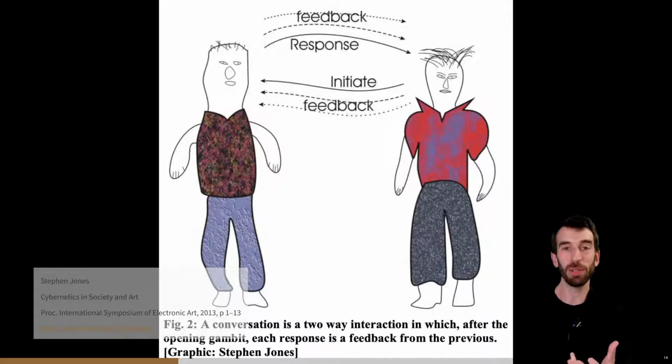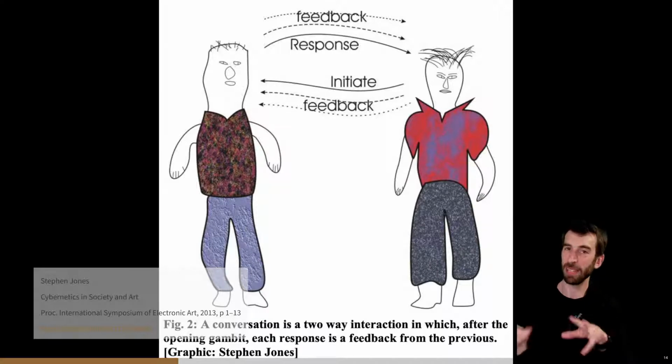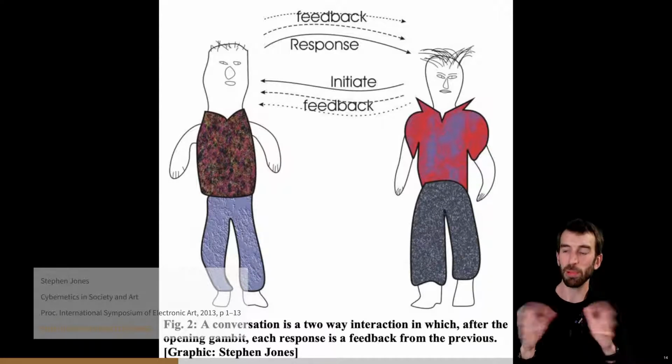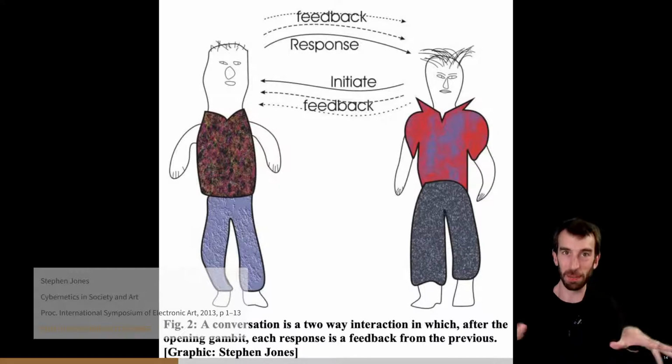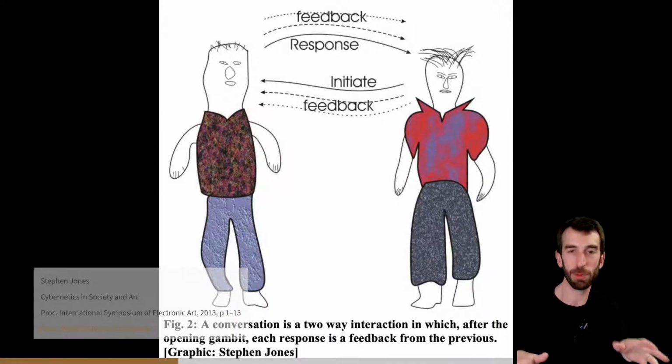Depending on what they do, the artwork might display in a certain way. And then as that person changes what they do, the artwork also changes. And if 10 people came and interacted with that artwork, they might interact in 10 different ways and have 10 different experiences. So interactive art embraces a kind of plurality of experiences where different people can find out how this works in different ways.